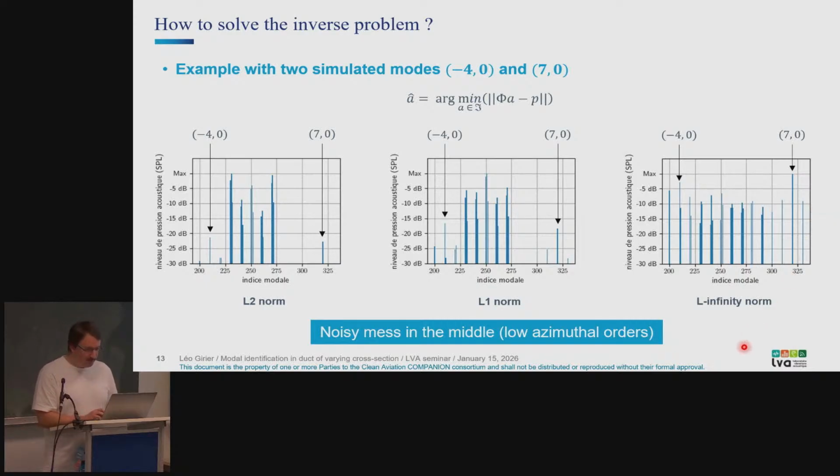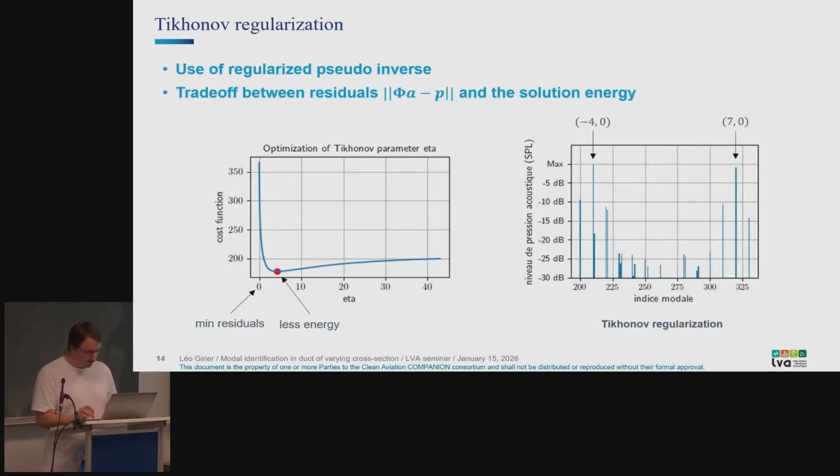So to compensate for that, I finally had to use a regularized pseudo-inverse method, with Tikhonov regularization, which basically consists in a trade-off between the residuals and the solution energy. So you have to choose a parameter that drives the regularization. If it's 0, you still minimize the residuals.